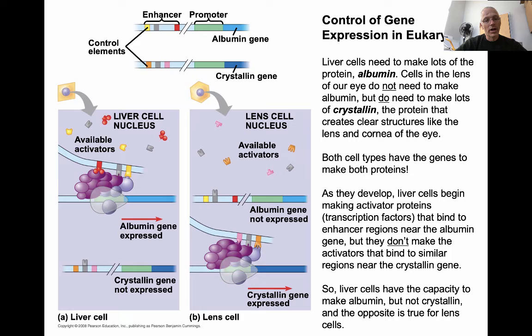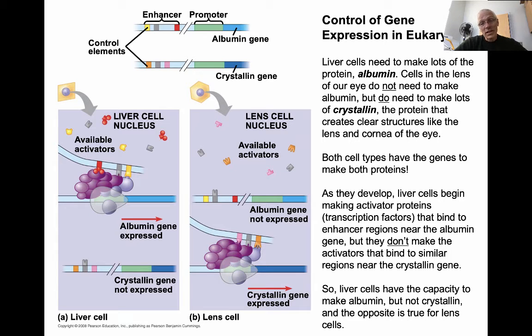So what's going on to cause the liver cell to be so different from a lens cell? Well, liver cells, for example, make a lot of a particular protein called albumin. It's a common protein made in vertebrate animals. And they don't make any of the protein crystallin, which is a protein that cells in the lens of the eye make.